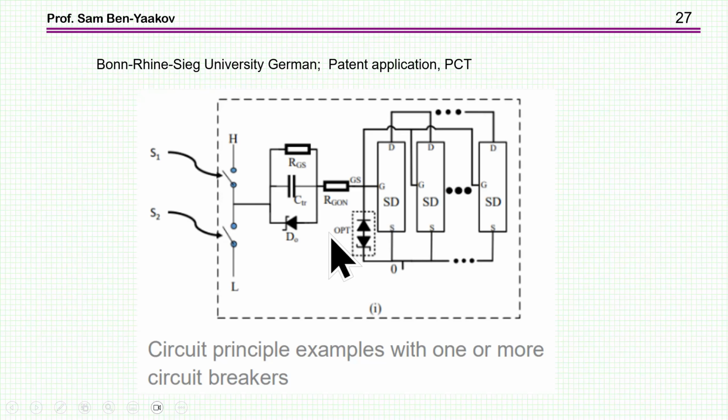This is taken from a patent or patent application by this group here, and it is very similar to the simple driver that I've shown earlier, except that it has a Zener diode, which has the advantage of clamping the capacitor voltage to a certain level so that the negative voltage of the gate will not go too low. Also, it might help at the very beginning of the on transition to get a higher current. So this is just one example.